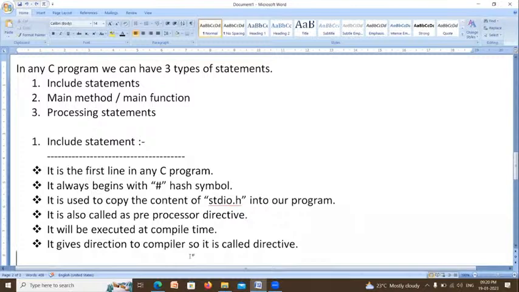Right. What is include statements? Include statements are at the top of the program. So these are the first line. It always begins with a hash symbol. You have to begin with hash. It is used to copy the code of stdio.h into your program.